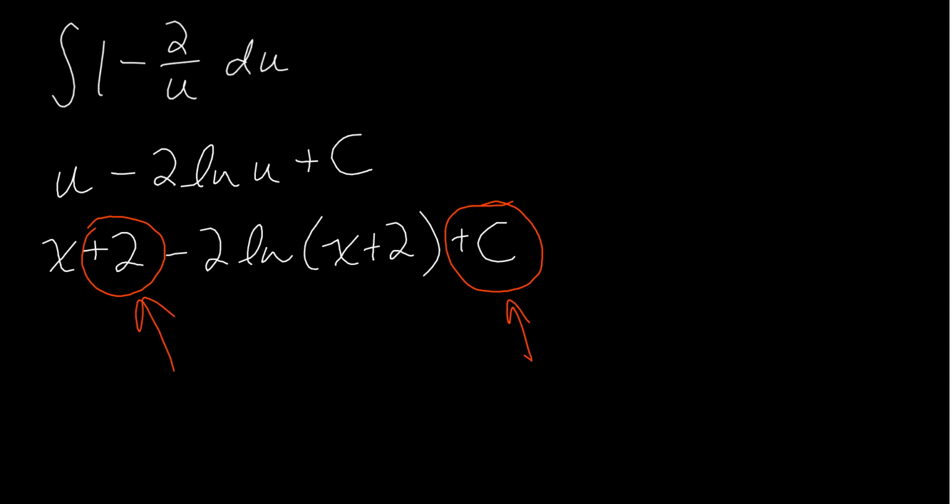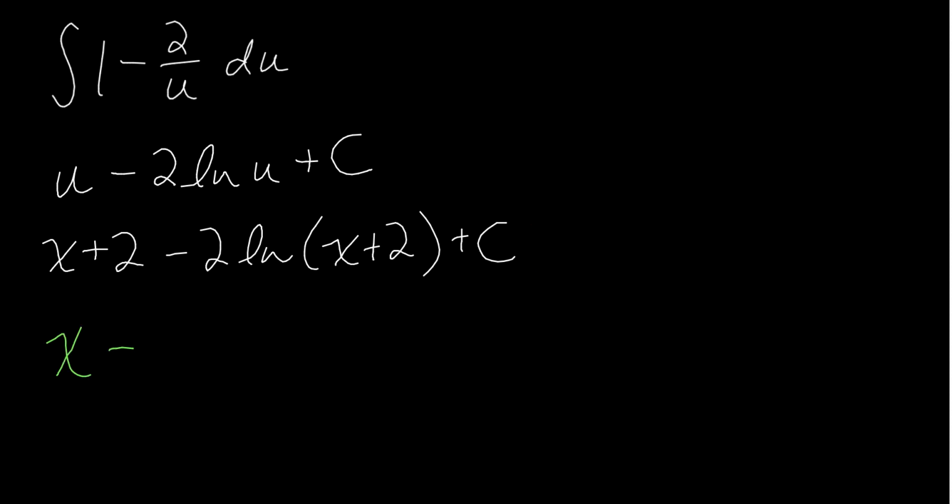We're going to add 2 to it. So what we can essentially do here is take this 2 out, and my answer is going to be x minus 2 natural log of x plus 2, and then plus some constant.